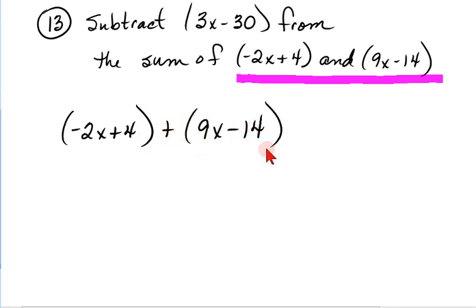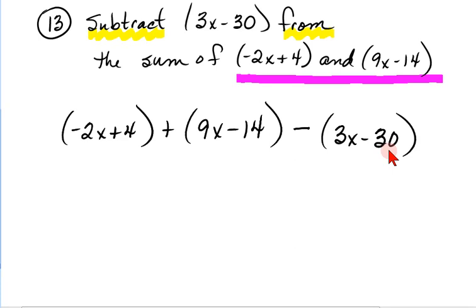I need to find that sum, and then I need to subtract from it 3x minus 30. So in this problem, you have to be so careful about the order, but the words are supposed to communicate that. It says subtract from, which is a reversing phrase. That means that whatever you're supposed to subtract this from goes first, and you put that at the end.